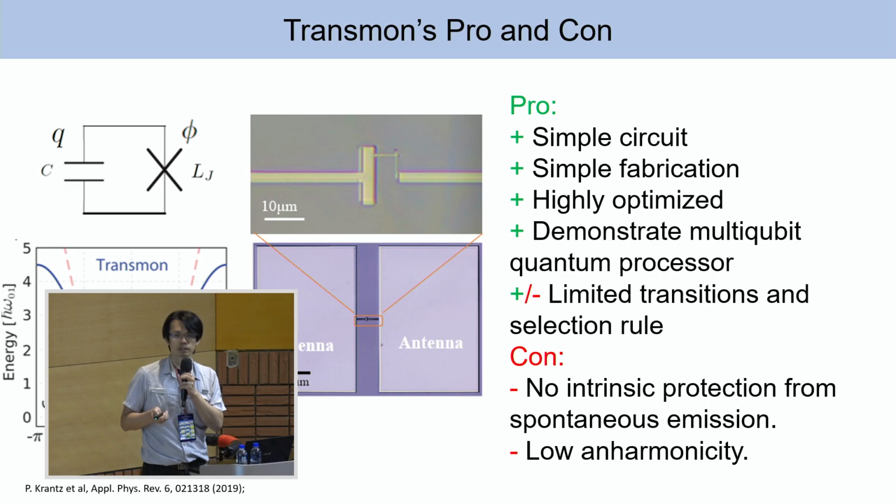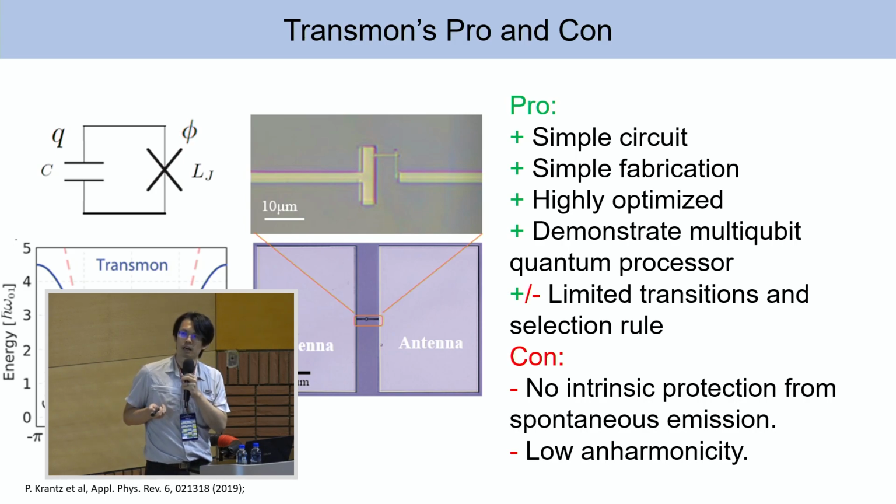Therefore you can use it as a qubit, confining the dynamics to, for example, the 0 and 1 transition. This is one of the transmons that we made at Tsinghua University. It's pretty simple: you have two big pads acting as the capacitor, and you put a Josephson junction in the middle. Then this is a transmon.